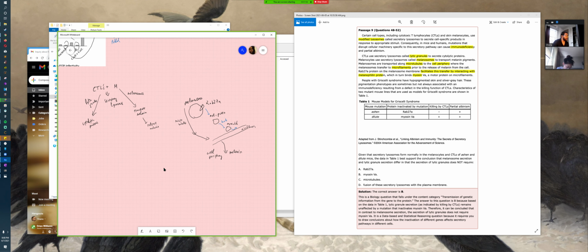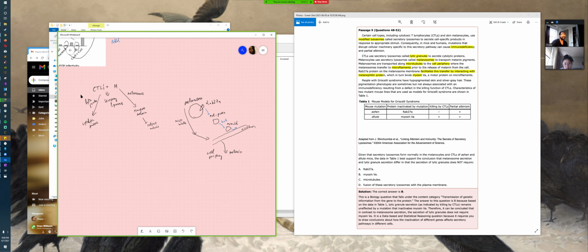If you look at what I drew out here, based on RAB and myosin, CTLs function through lytic granules, right? They're asking what lytic granule secretion requires.